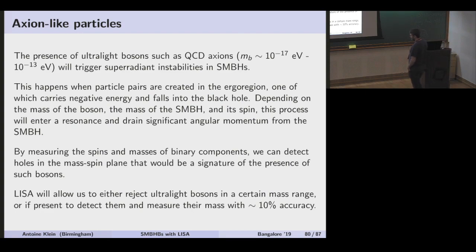The way this works is that if you have very, very light axion-like particles, very light bosons, near a Kerr black hole, inside the ergoregion, you can create a pair of particles, one of which carries negative energy and falls into the black hole, while the other is ejected to infinity and carries a lot of energy.